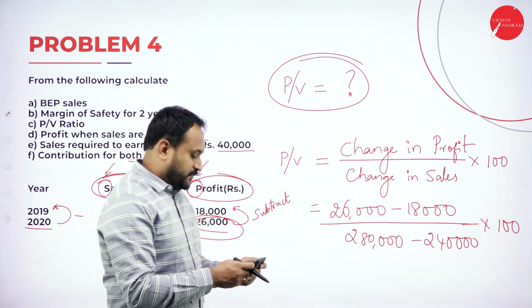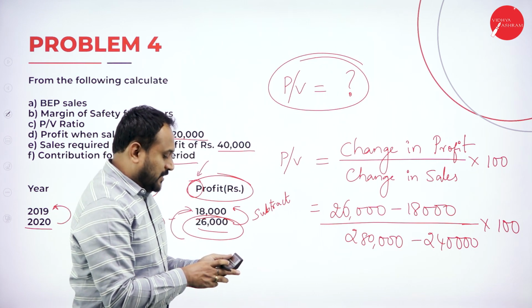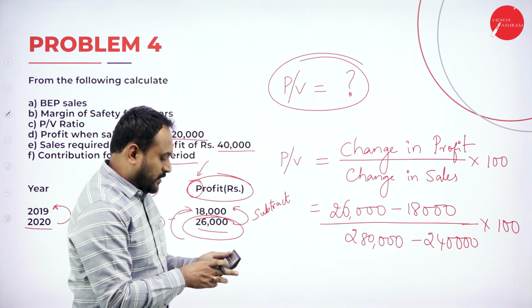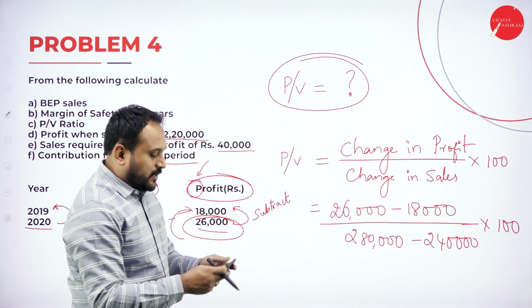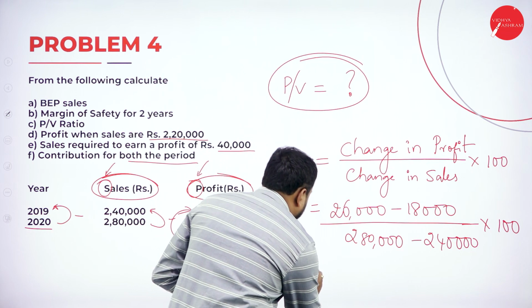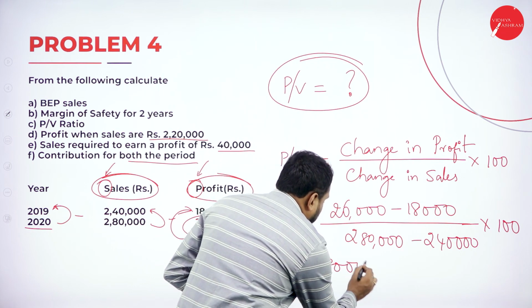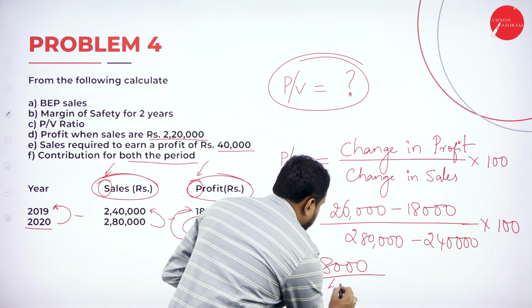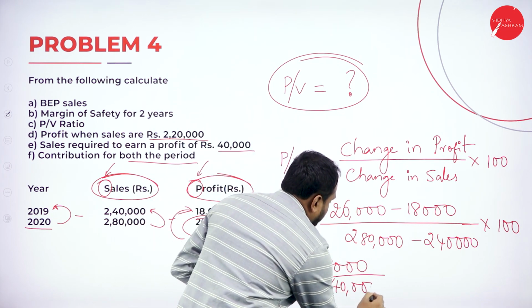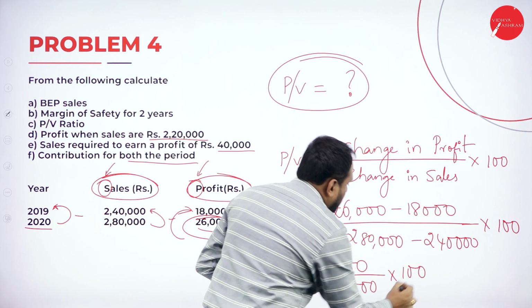Take your calci now. Now you have 26,000 minus 18,000, that is 8,000. So we have what? 8,000 divided by, now here if you go, we have 40,000. How much? 40,000 into 100.